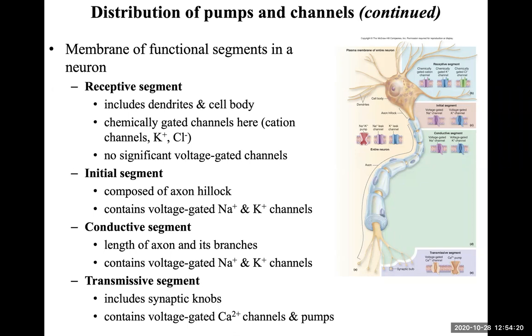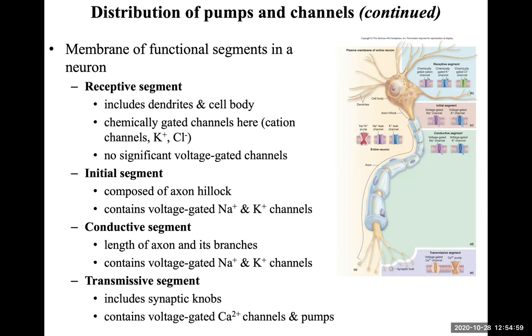And that's because this is the area where, if the threshold value is reached here in the receptive segment, it will essentially be passed to the initial segment, and it'll open up the voltage gated sodium channels. If we get to that threshold value, it'll open up the voltage gated sodium channels here in the initial segment, and that's where the action potential is fired from, and it'll pass along the length of the axon.